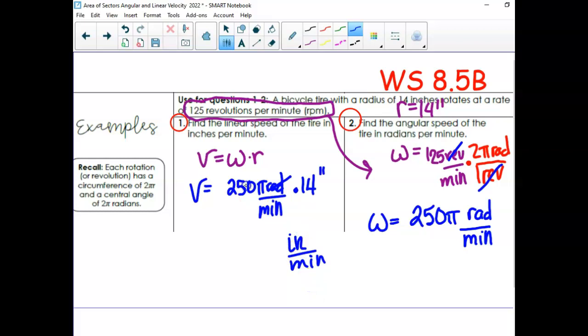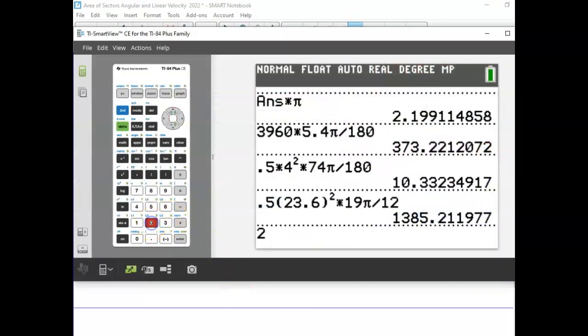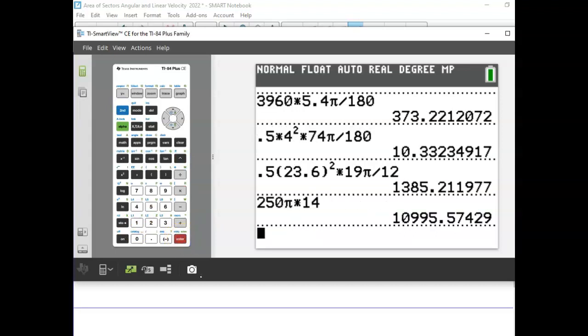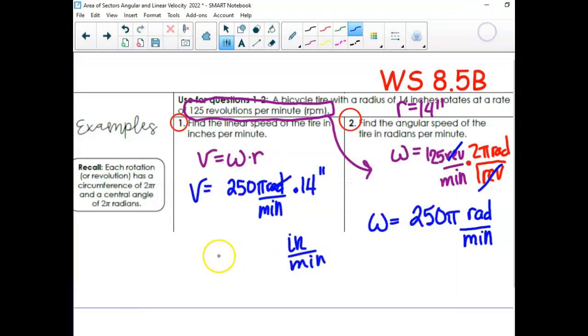All we have to do is take 250 pi times 14. I would just as soon you do everything in tenths because in terms of pi doesn't mean anything to us. 250 pi times 14. I got, maybe we'll round that to a whole number, 10,996. Would that be okay? You can put 995 point whatever.